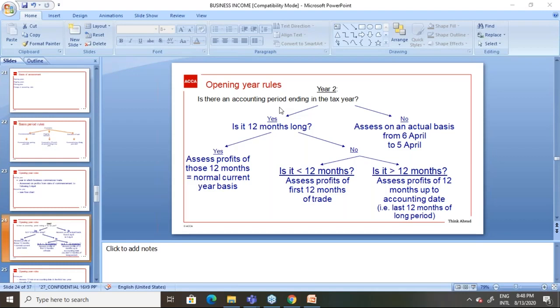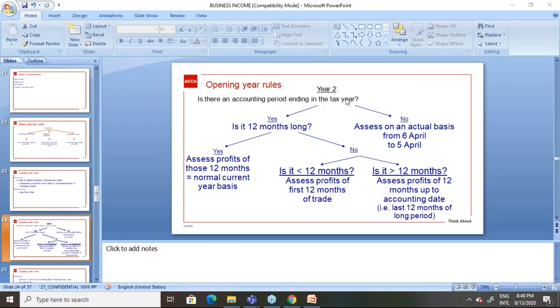What is the question? Is there an accounting period ending in the tax year? If the answer is yes, then you ask the second question: how long is the period of account? Is it exactly 12 months, or less than 12 months, or more than 12 months?